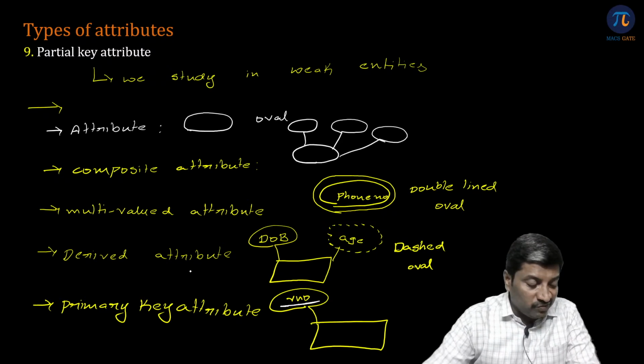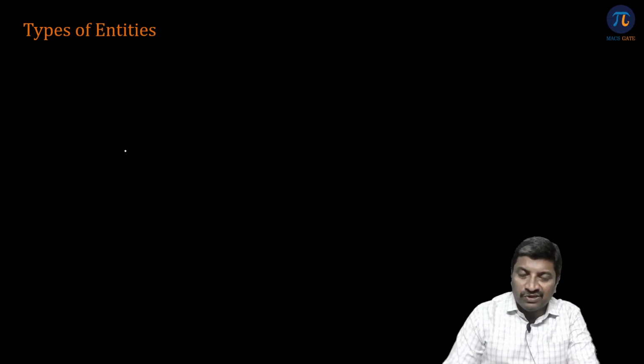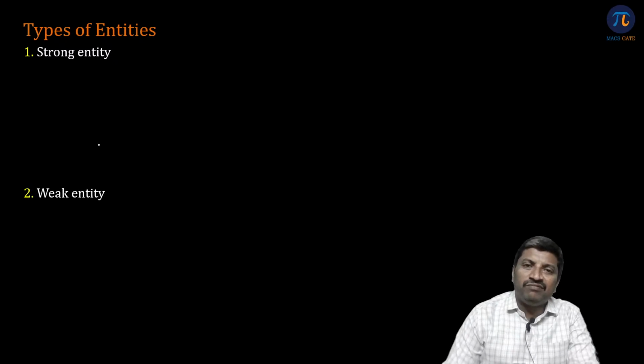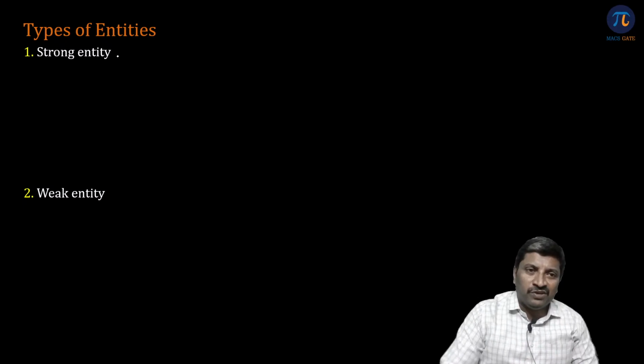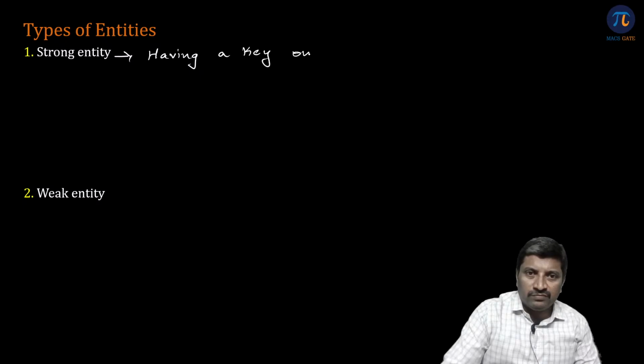Now let's go to the next one. Types of entities. What are the types of entities you have? Sir, we have only two types of entities. One is strong entity, one is weak entity. What does it mean? A strong entity is one having a key on its own.